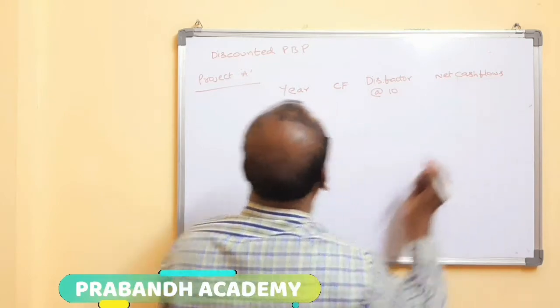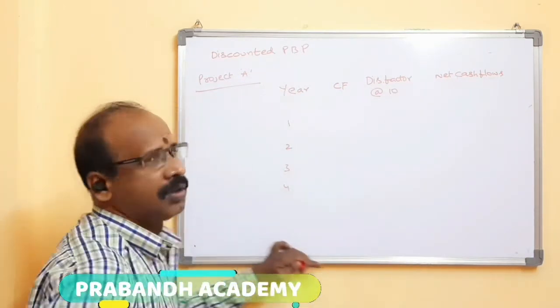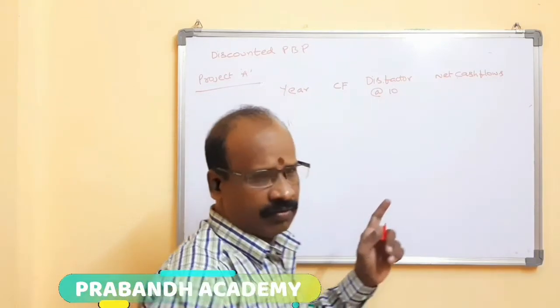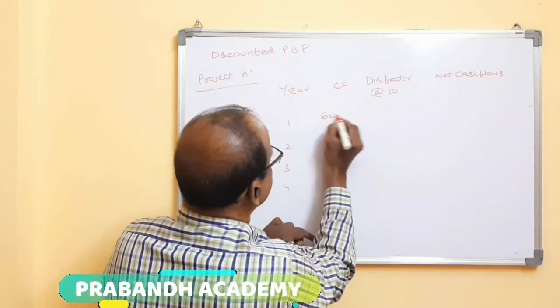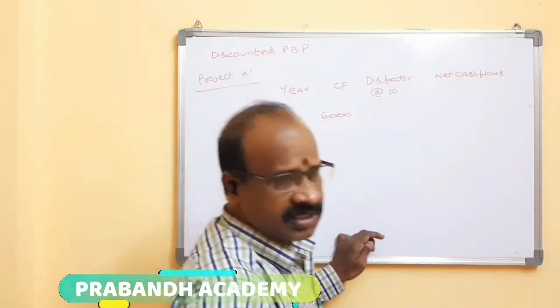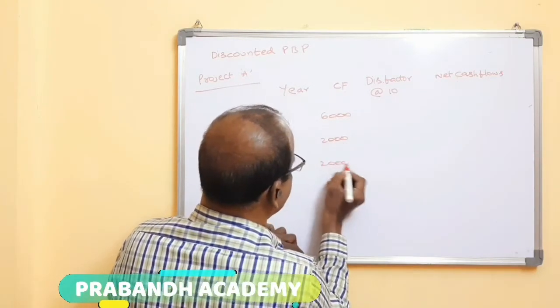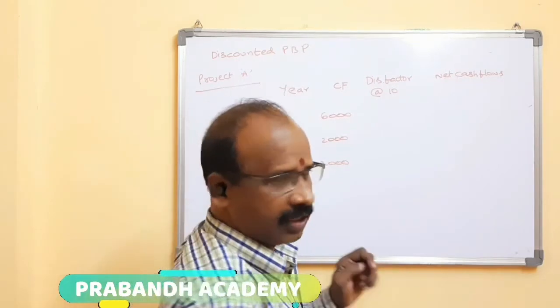Here 1, 2, 3, 4. The cash flows are first year 6,000. Second year 2,000. Third year 2,000. And fourth year 12,000.